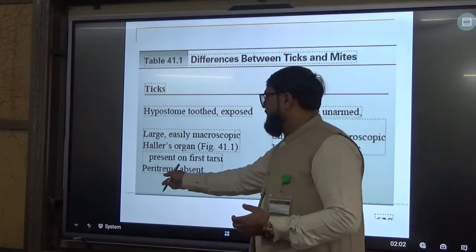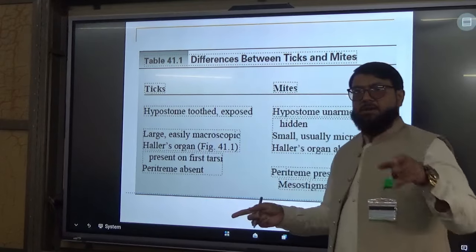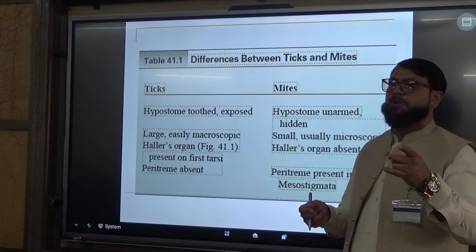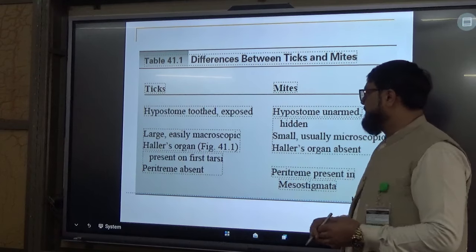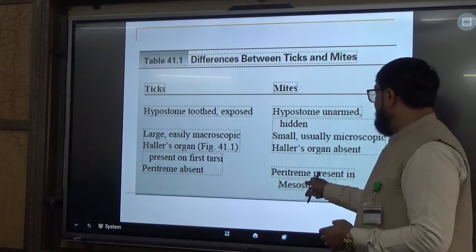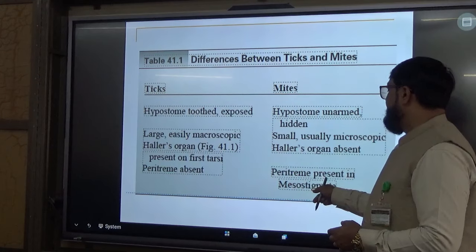The peritreme: the outskirts of the stigmal plates are called the peritreme. It is absent in ticks, but here the peritreme is present in Mesostigmata.